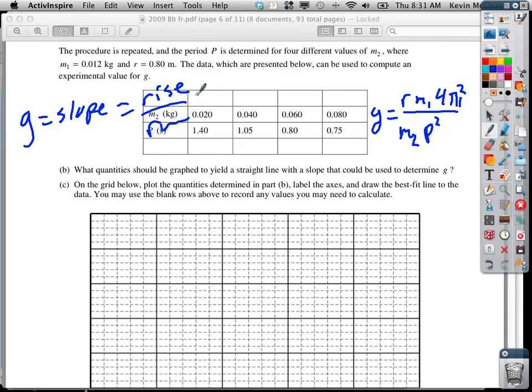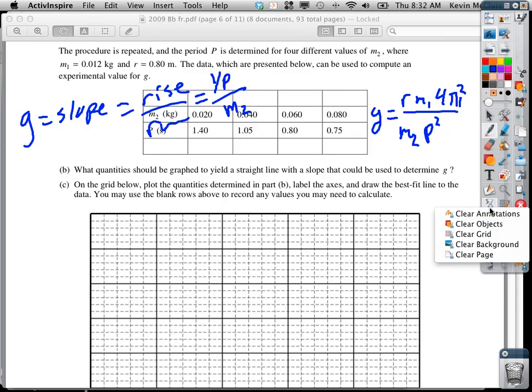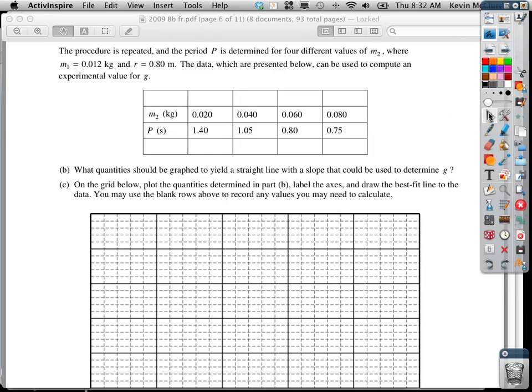Well, what they did was this sneaky thing where they said the rise, if I put 1 over P squared here and I put M2 there, then I can get a slope that's this, or a slope that's this times a factor. So I'll show you what they mean here.